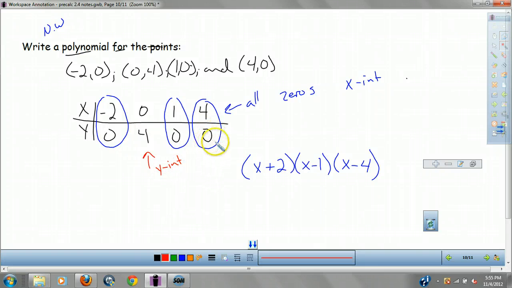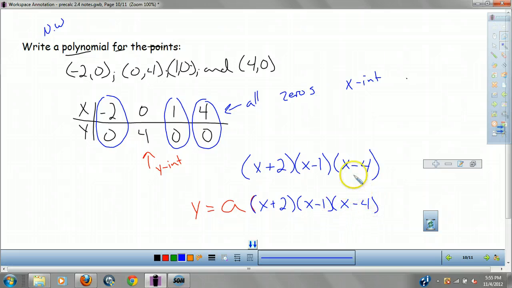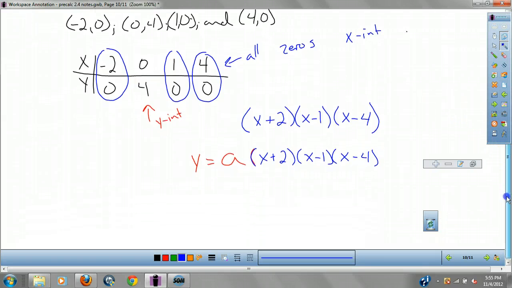Okay? Here's what I do. I set my y equals, well, there's going to be some number out here times this mess. Some number out here times this whole mess.